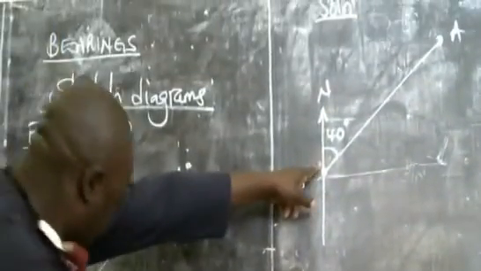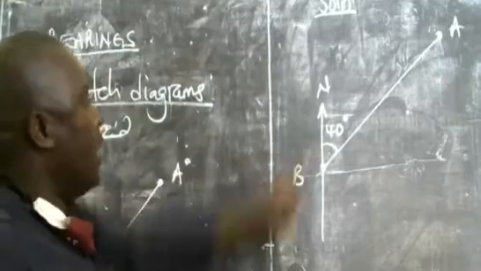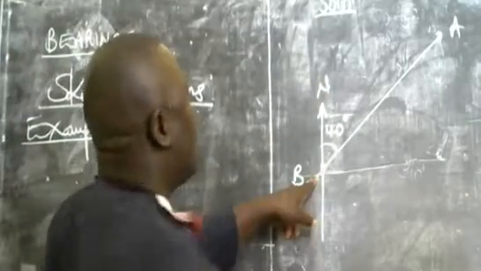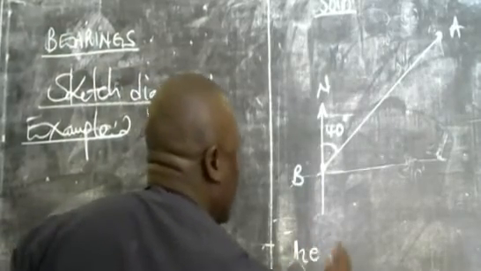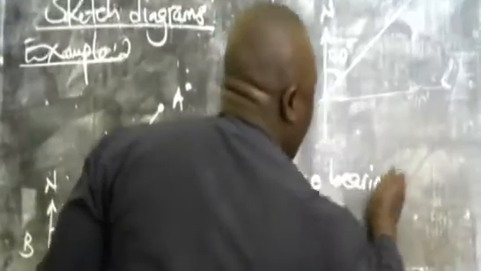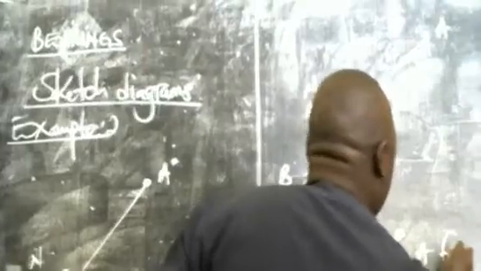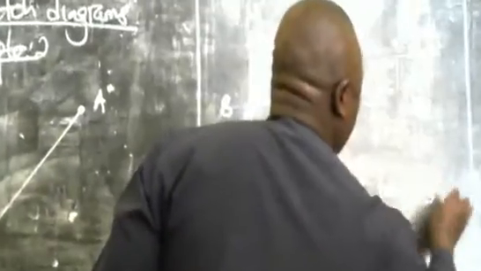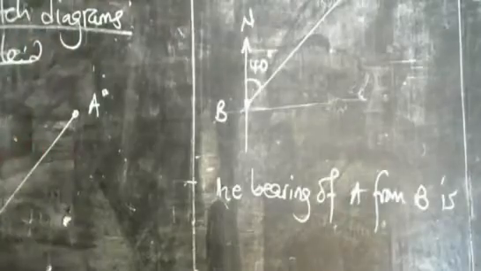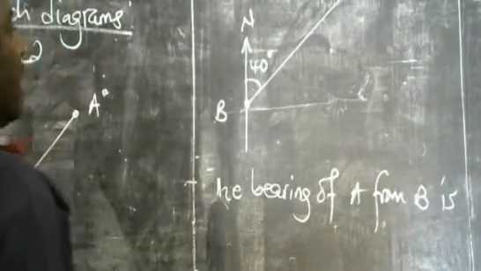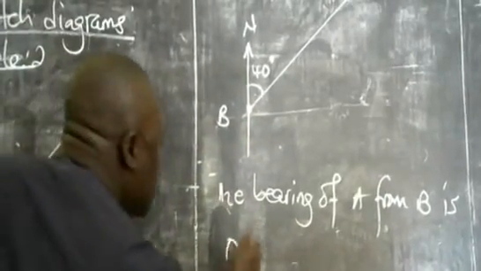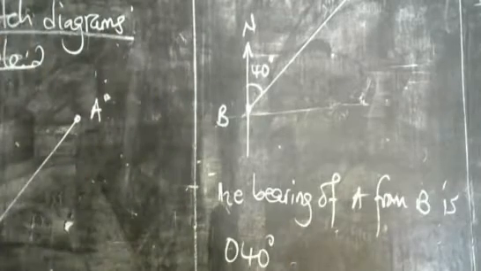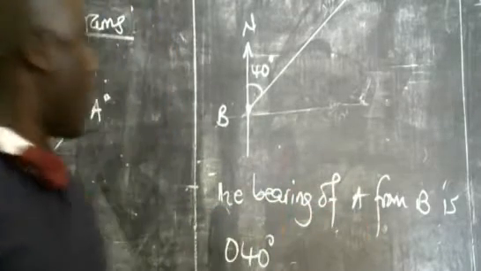And it's now clear, from B going to A, from north, the angle is 40 degrees. So the answer will be that the bearing of A from B is the angle of 40. But under three figure bearings, we make sure we use three digits. So we shall say this bearing is 040 degrees. That's the bearing of A from B.